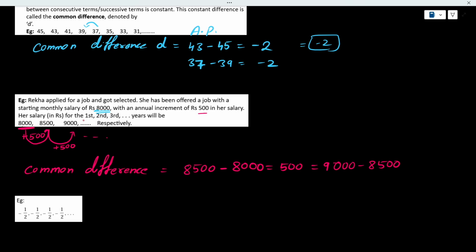Now, if the values are increasing, like 8,000, 8,500, then your common difference is always going to be positive. If the values are decreasing when you go to the next term, like the first example, this is a decreasing sequence, so your common difference is going to be negative.